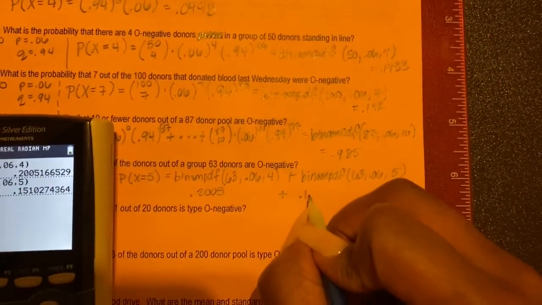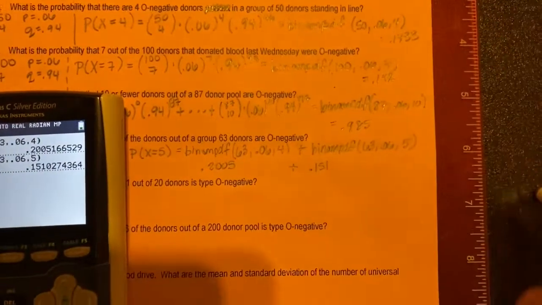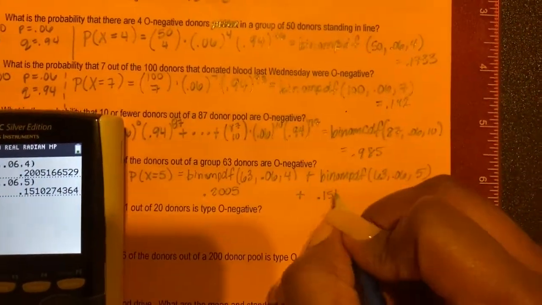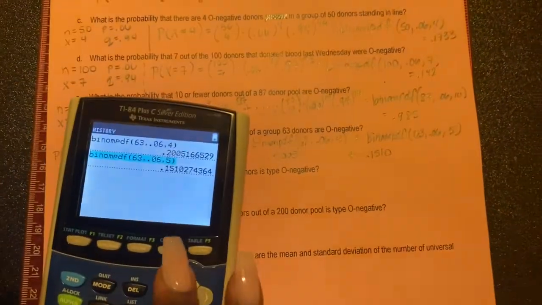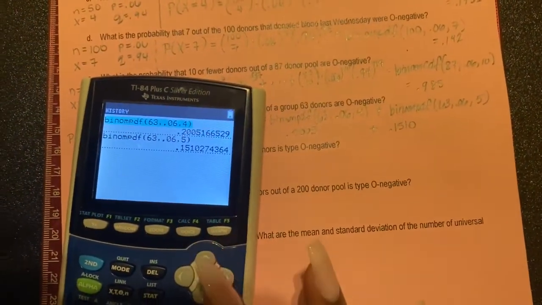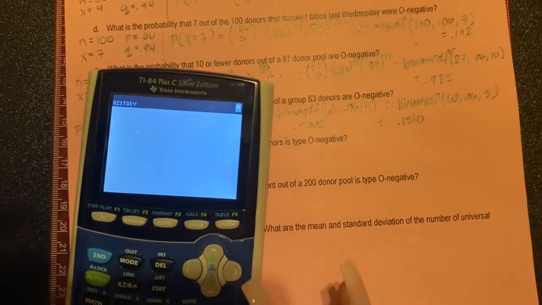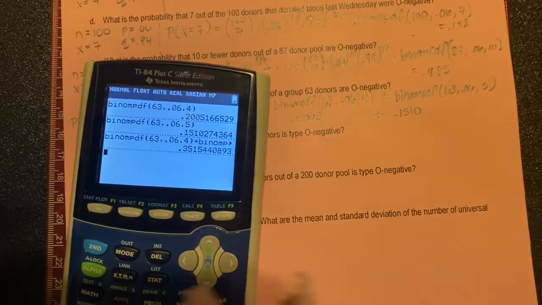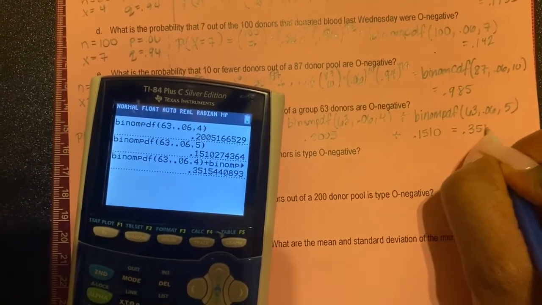So 0.1510. Always breaking these. And so when I say this plus that, we get 0.3515.